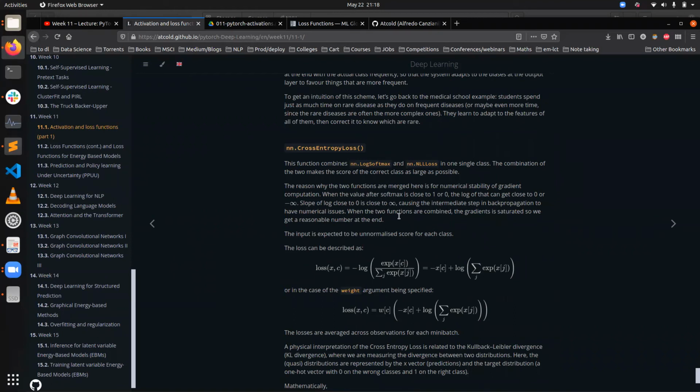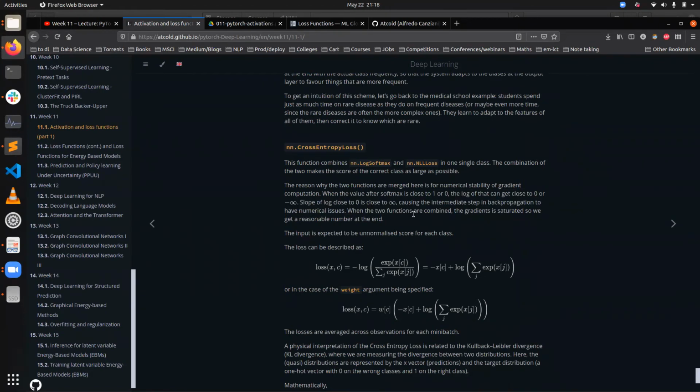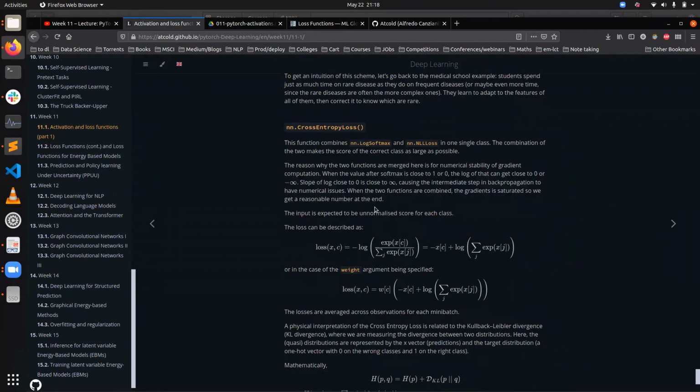That's why you combine log softmax, so that you don't face this gradient issue. Yep, I hope that made sense. Normalized score. The input is explicitly unnormalized score for each class.